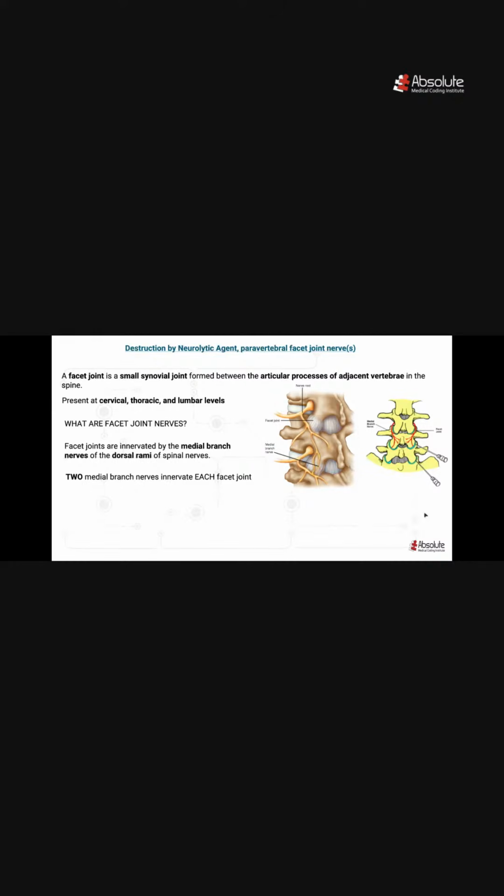CPT organizes these codes using two questions. First, which spinal region: cervical, thoracic, lumbar, or sacral. You can see 64633 is for a cervical or thoracic single facet joint. The second question is how many facet joints are treated.